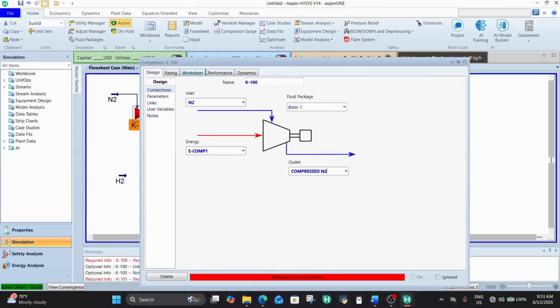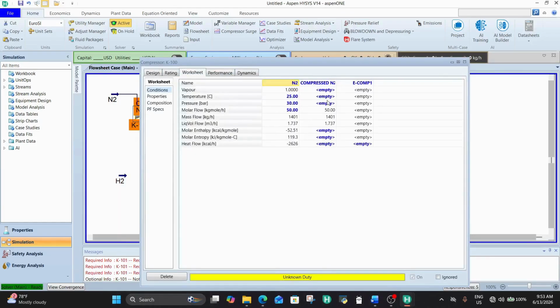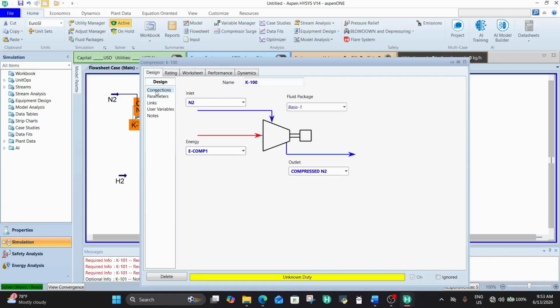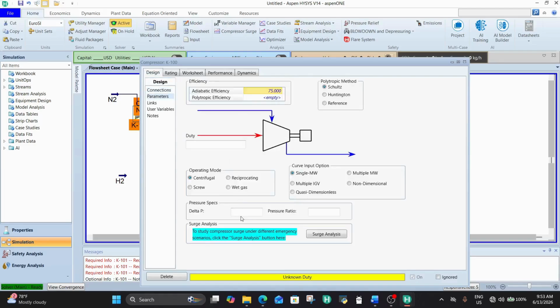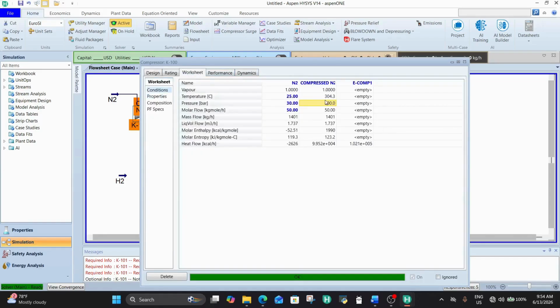And we require it to be at a pressure of 200 bar. We could specify that here, or we could specify the change in pressure, delta P, where from 30 bar we require a positive change in pressure of 170 bar. We specify that, and we're at 200 bar at a temperature of 304.3.